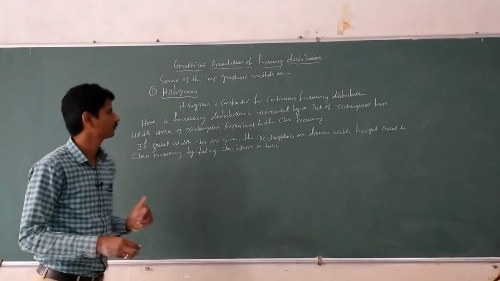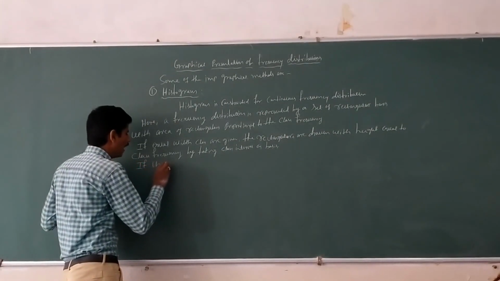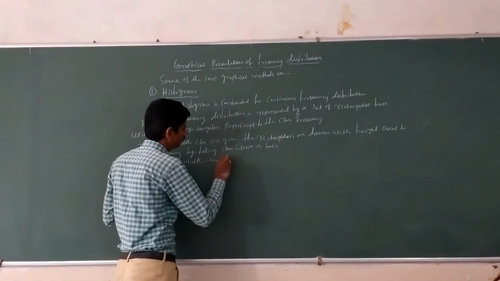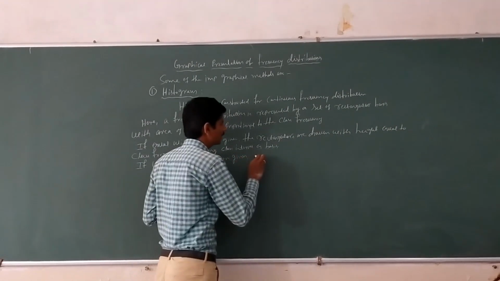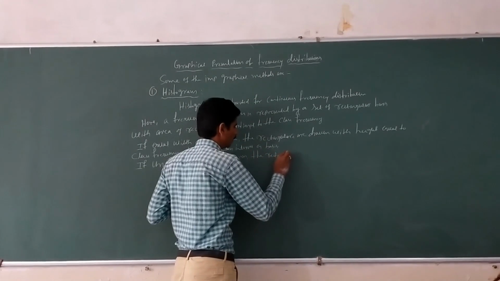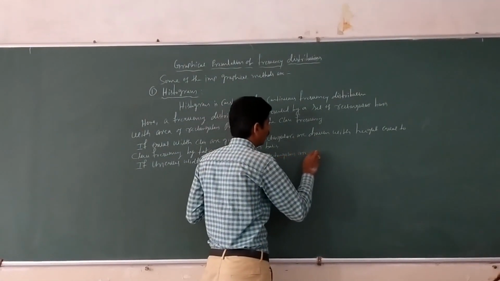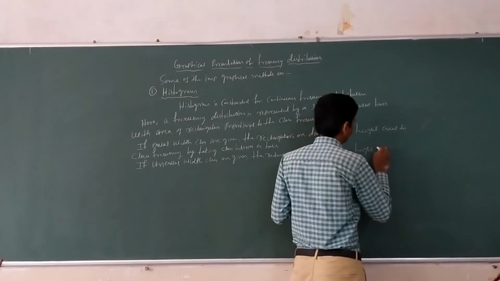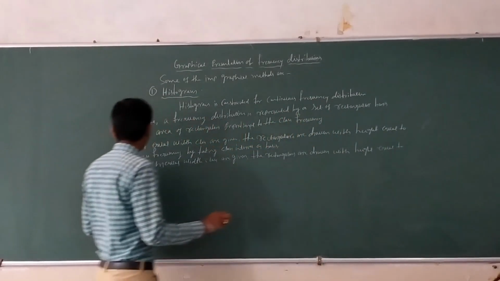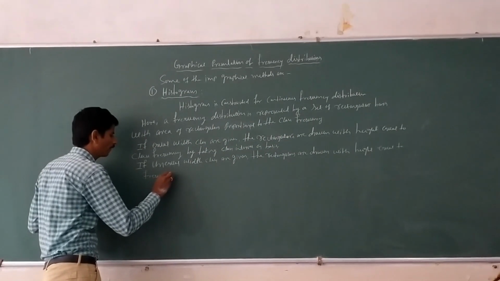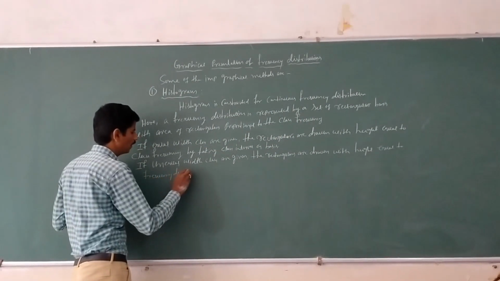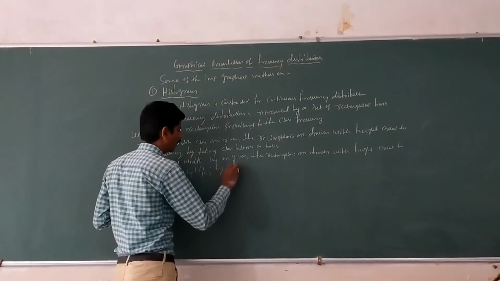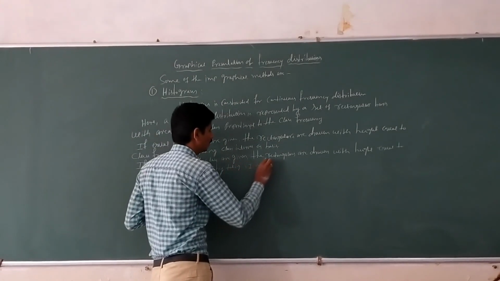Okay, the next, if unequal width classes are given, the rectangles are drawn with height equal to frequency density, by taking class intervals as a basis.